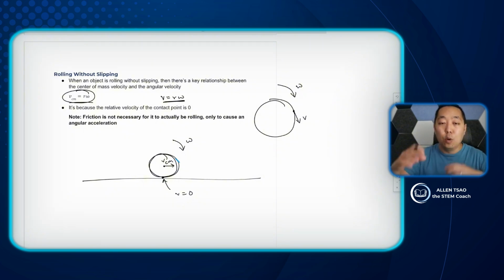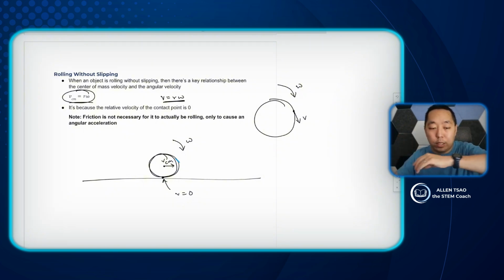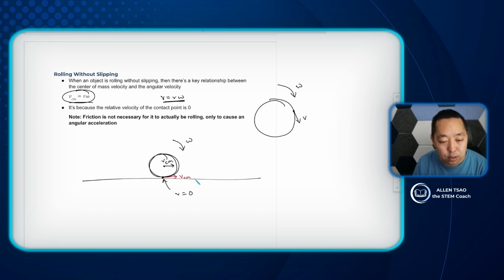One, the entire thing is rolling to the right, so the velocity of the center of mass is going to the right. But it's also spinning, so there's some tangential velocity from the spin. We want them to cancel each other out, because if we're rolling without slipping, the net velocity needs to be 0 at that point.